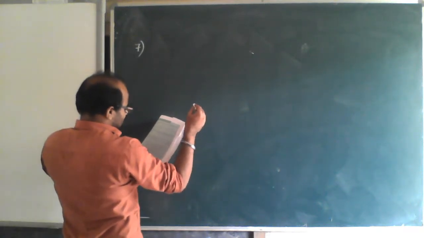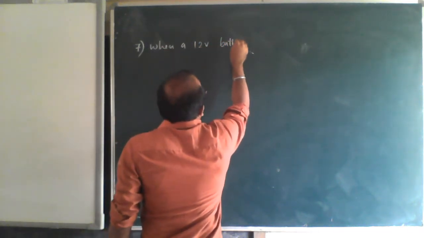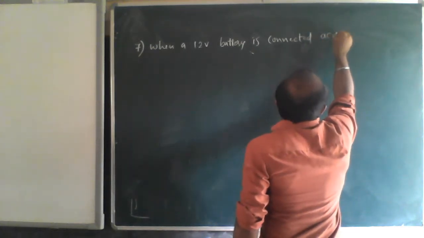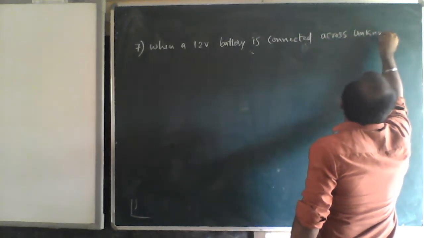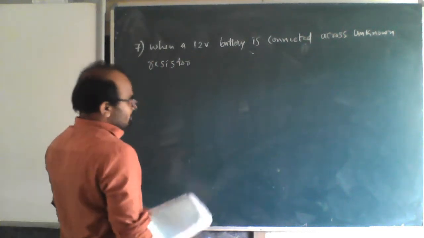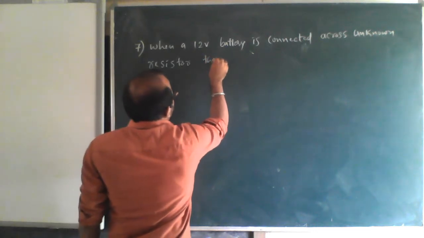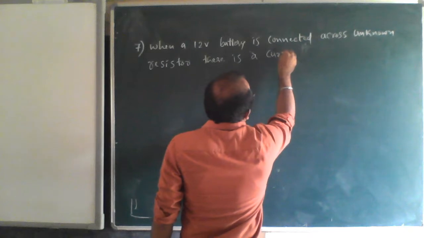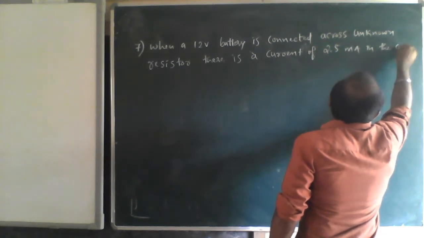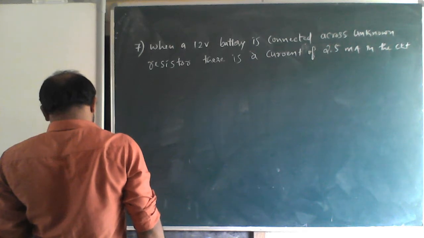When a 12 volt battery is connected across an unknown resistor, there is a current of 2.5 milliampere in the circuit.